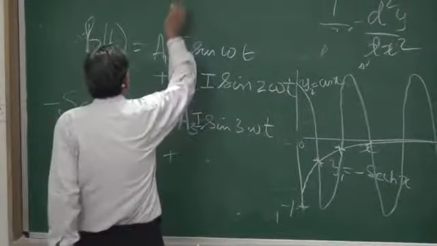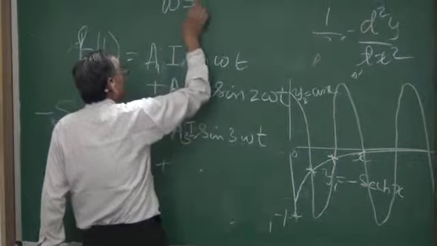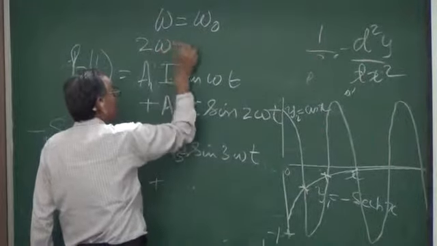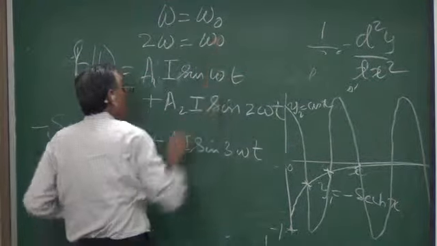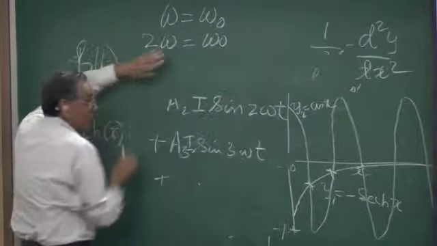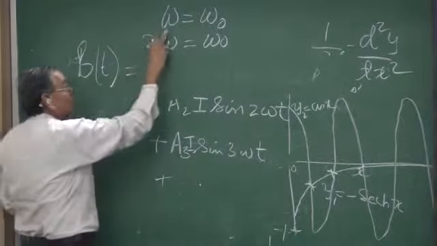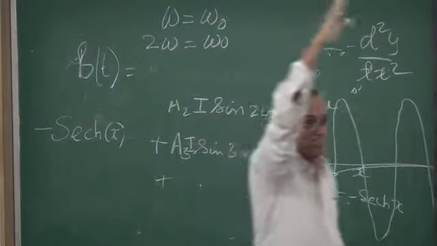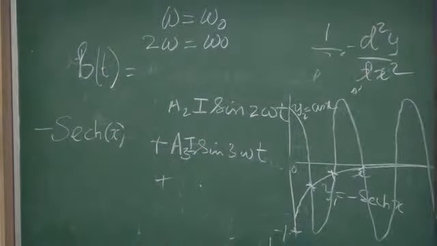So you will get maximum amplitude when omega is omega naught, or 2 omega is omega naught. As I change the frequency, you will get resonance. First, I start with a very high frequency. Suppose omega naught is 30 Hz. I start at 50 Hz. There will be vibration but small amplitude. I reduce the frequency.